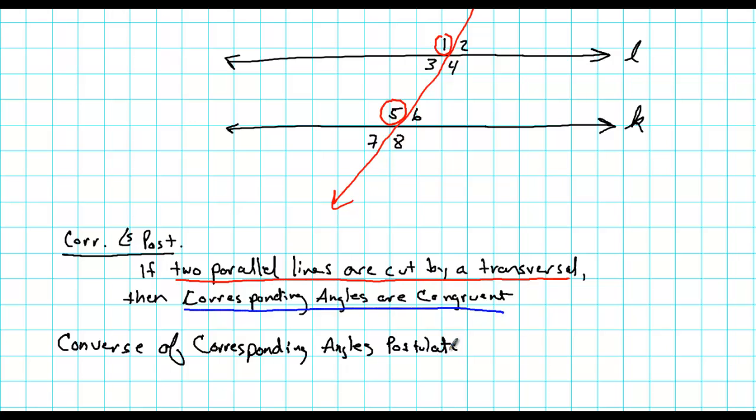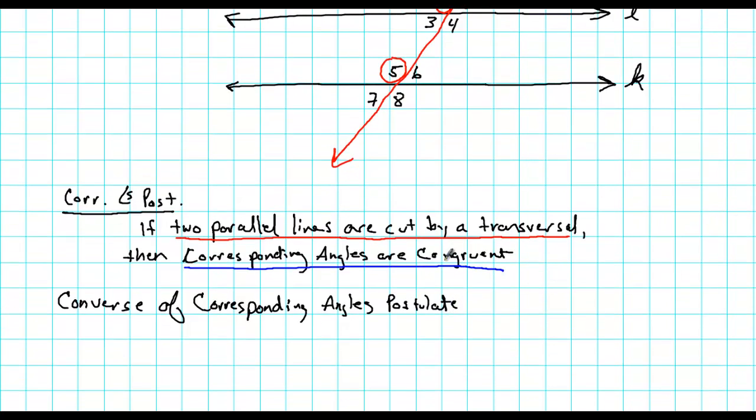Remember, a converse is when we exchange the hypothesis and the conclusion. So I'm going to write down the converse of the corresponding angles postulate. The hypothesis here is that the lines are parallel.